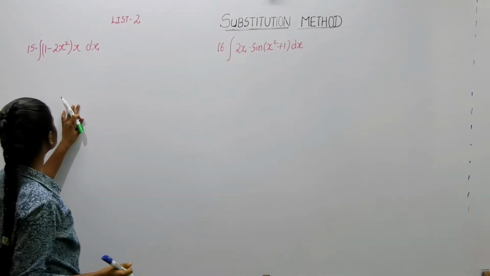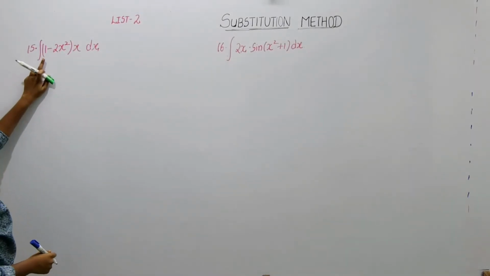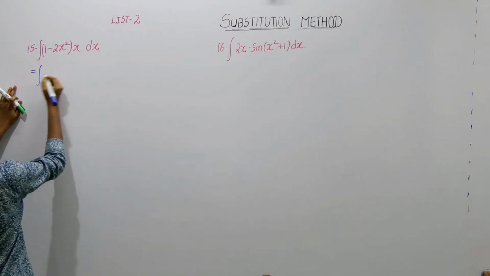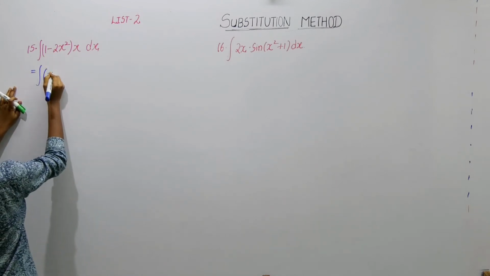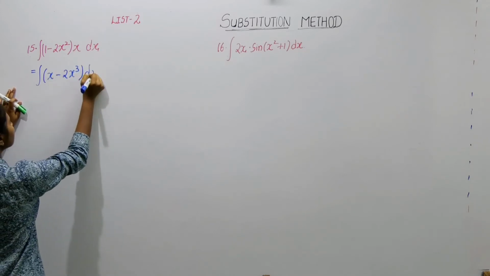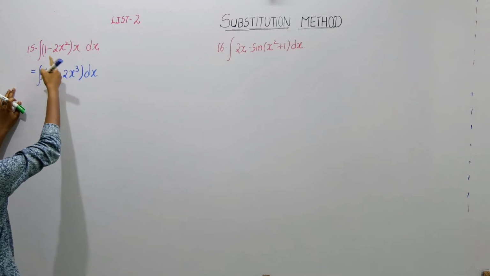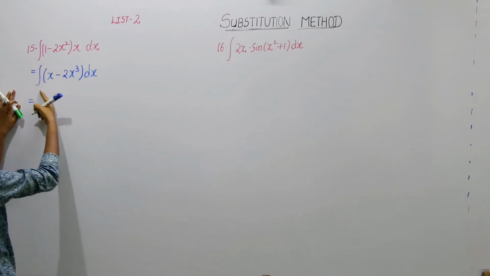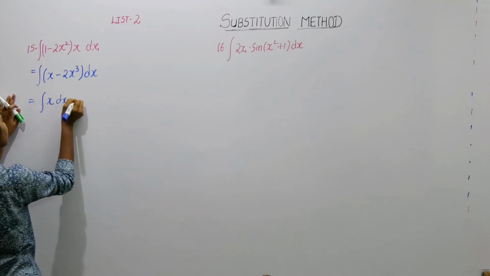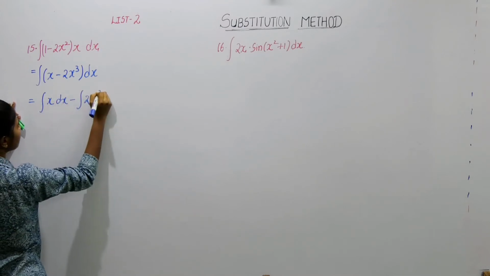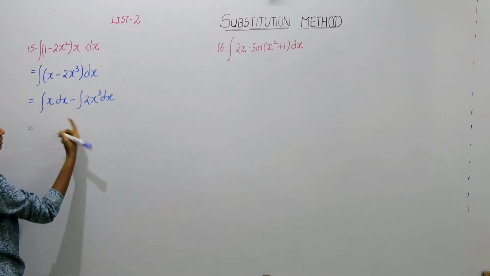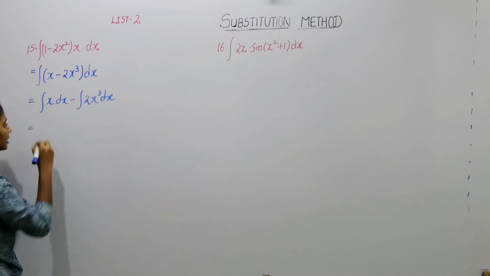Next one, 15th question. It is given as integral 1 minus 2x square into x. To solve this, we multiply x and we have x minus 2x cube into dx. I have multiplied this x for each term. Now, separating integration for each term, we have integral x dx minus integral 2x cube dx. We know the formula, integral x power n dx is x power n plus 1 by n plus 1.